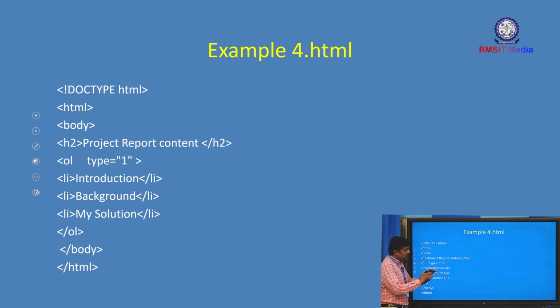Is it small Roman or big Roman, lowercase or uppercase letters, or 1, 2, 3? I am going to define it. It is of type 1, 2, 3. I am going to list three items: introduction, background, my solution. So 1, 2, 3. Thereby I end the ordered list tag.